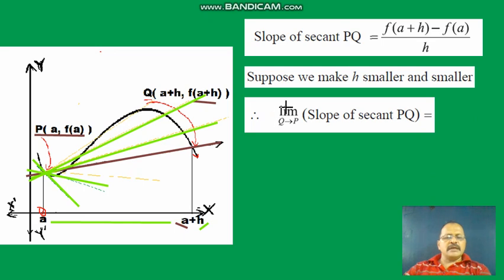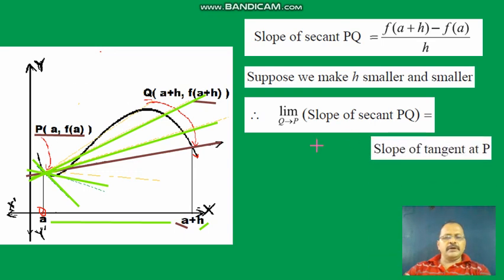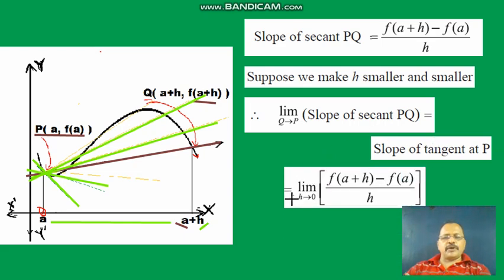Then in that case, as Q tends to P, the slope of secant PQ becomes the slope of tangent at point P, and therefore the slope of tangent at point P is equal to limit h tending to 0 of f of a plus h minus f(a) divided by h. But using the definition of the derivative, we know that this is f dash a, that is the derivative of f(x) evaluated at x equal to a.